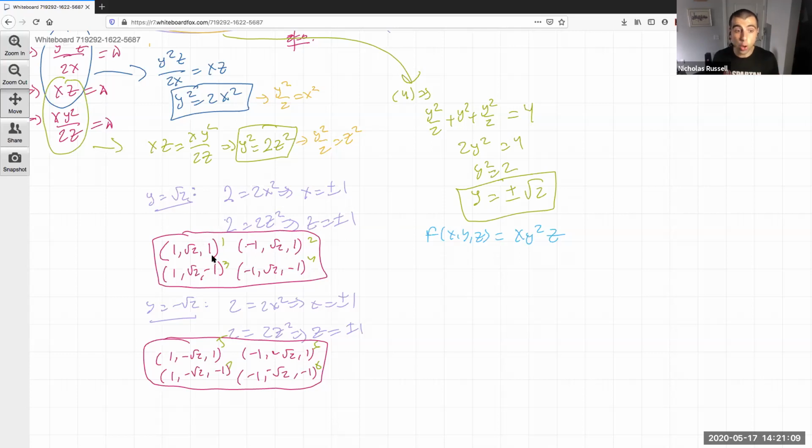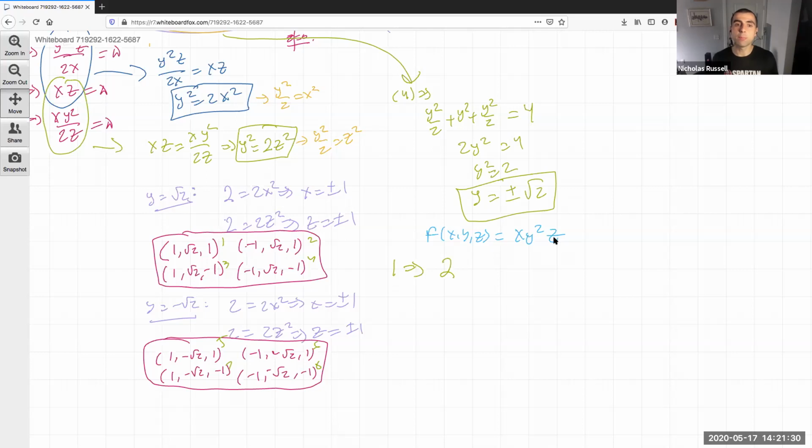We actually see that they're all going to be the same number because they all have the same numbers here. And this is going to be a squared value, just a matter of if it's going to be a negative or a positive. So for 1, I hope you'd agree, this is going to be 2 squared, negative square root of 2, which is going to be 2, 1 times 1, which is going to just be 2 overall.